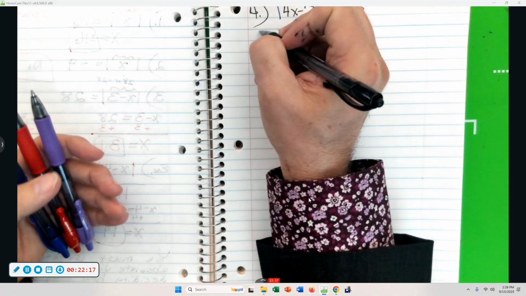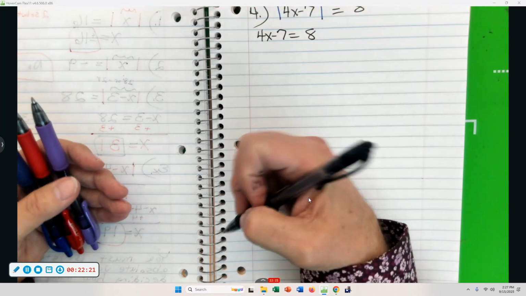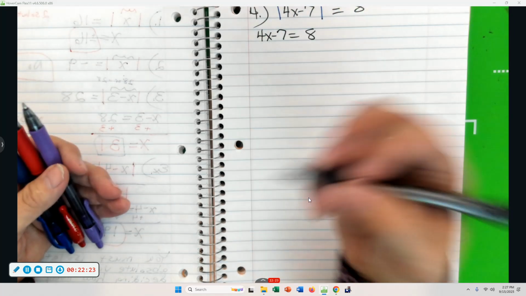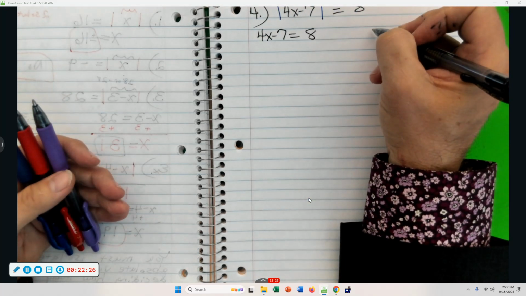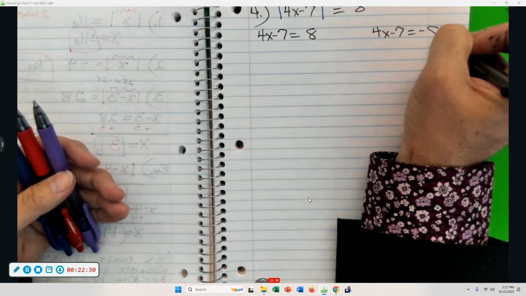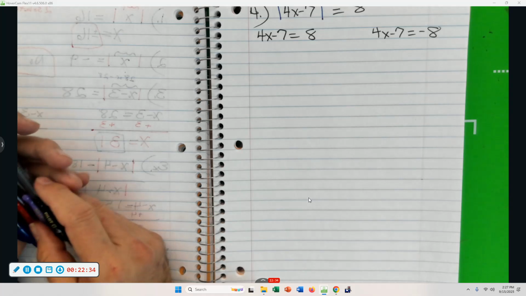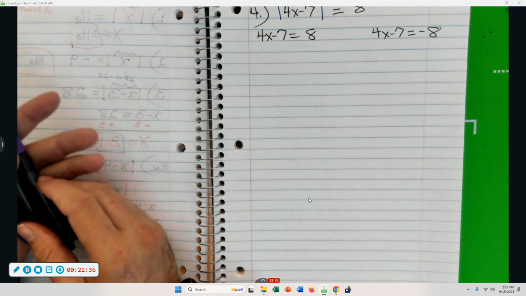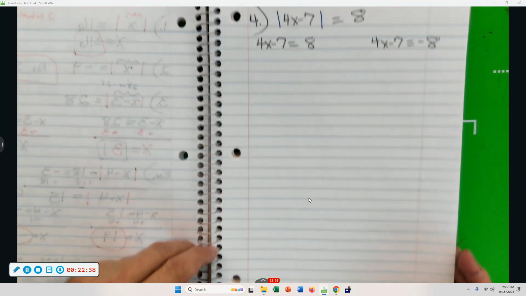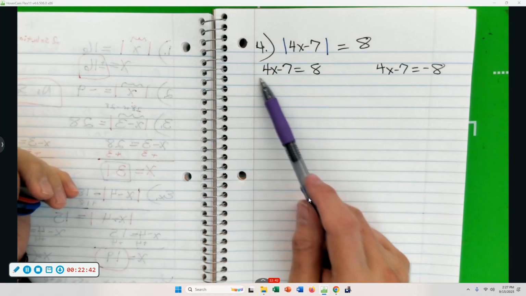That means 4x minus 7 has to equal positive 8. Or what's the other case? 4x minus 7 equals a negative 8. What will I do first here?